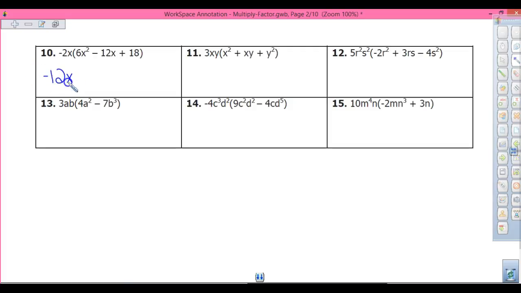Negative 12x cubed. There you go, plus 24x squared. And make sure that we don't have too many x's there. Then what? Minus 36x. Yep.